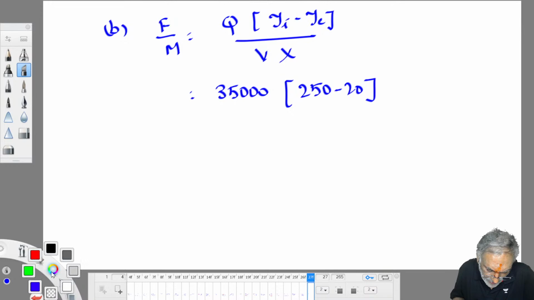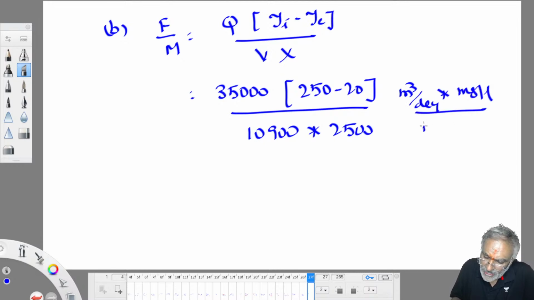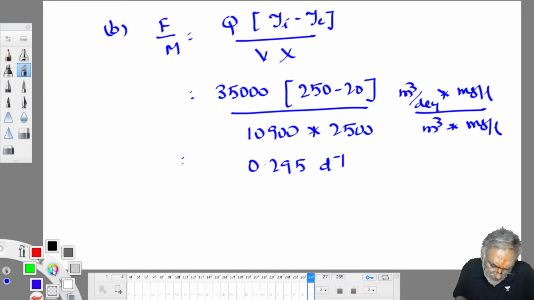But it is better you take it and work it out. The unit is meter cube per day into milligram per liter by meter cube into milligram per liter, so you will get the answer in day inverse. So 35,000 into 250 minus 20, that is 230, by 10,900 into 2,500. It is 0.295 day inverse. That is the answer.